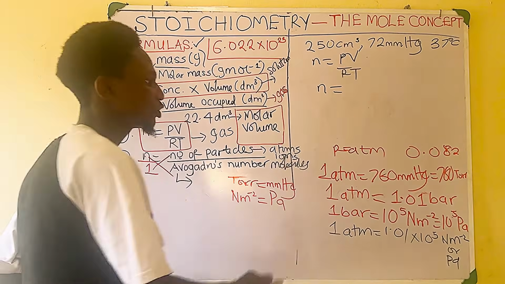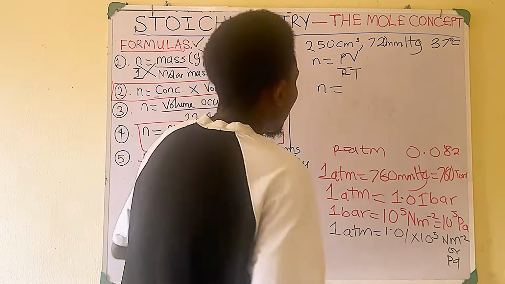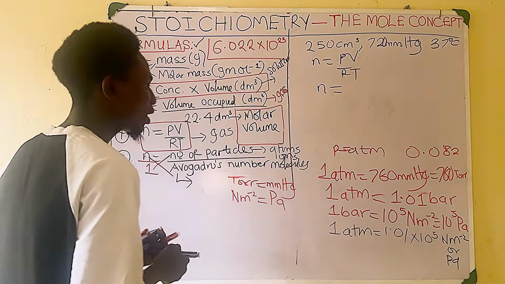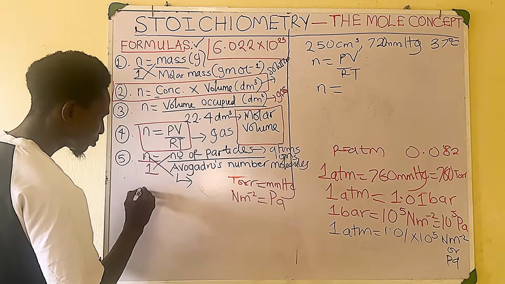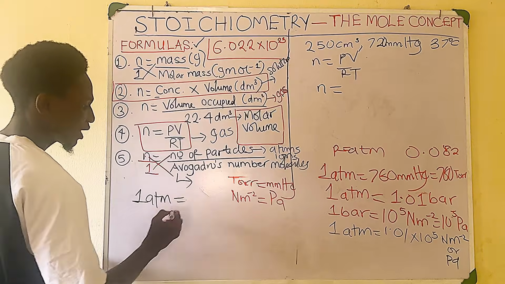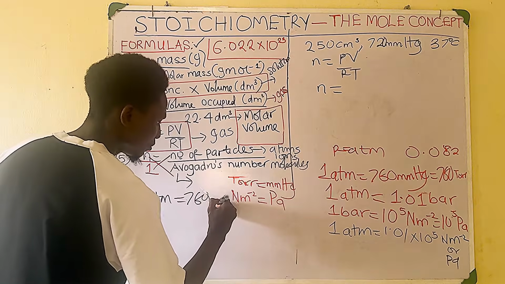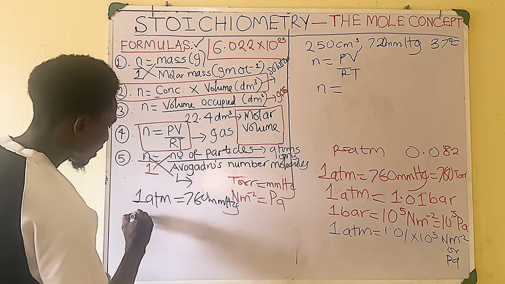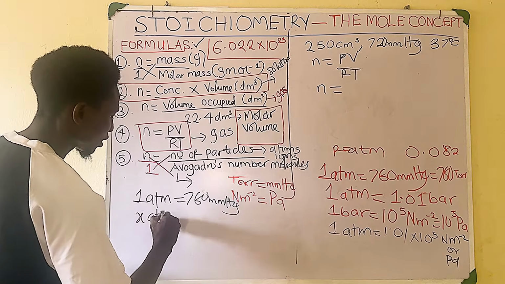So I'm going to show you the relationship between all of them. Now what do I do? Since 1 atmosphere equals to 760, I have to now convert it. I'm going to use the relationship method. You must know how to use the relationship method for a JAMB exam. 1 atmosphere equals to 760 millimeter of mercury. Now we're looking for X atmosphere. We don't know the answer yet.